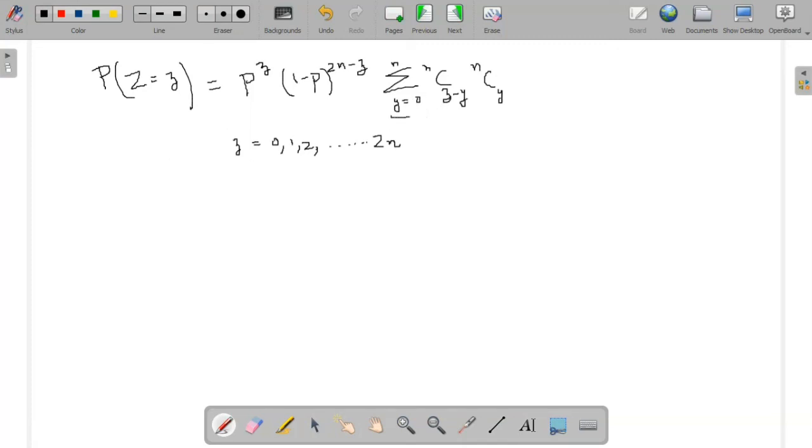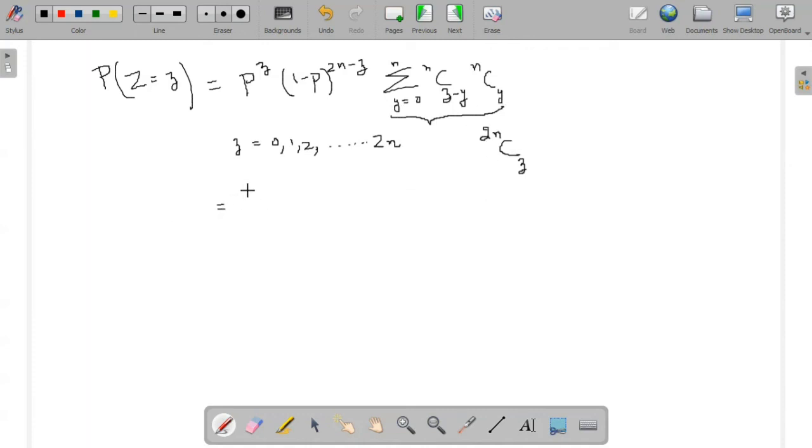Now this term, if we put all these values of z here and calculate it, we will find out this term will be equal to 2n C z. This whole term will be equal to this term.